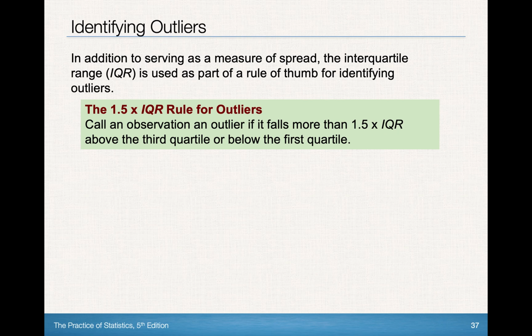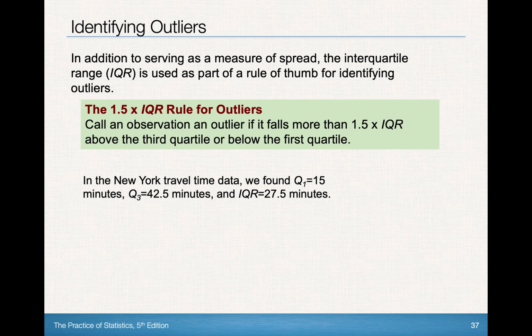Okay? We can do a rule called the 1.5 times the IQR, and this is a rule to help us find outliers. What we can do is we can take the IQR, which in our case is 27.5, and we can multiply it by 1.5. When we do that, we get 41.25.